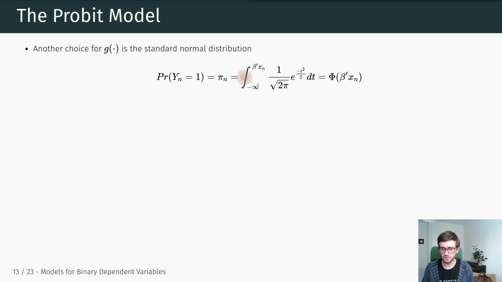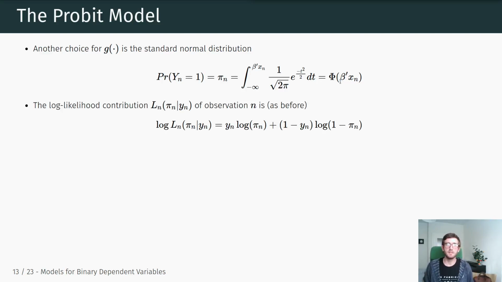This is just the cumulative normal distribution, taking the integral of the normal density up to the point beta prime xn. Since this doesn't have a closed form solution, we usually just write this as phi of beta prime xn.